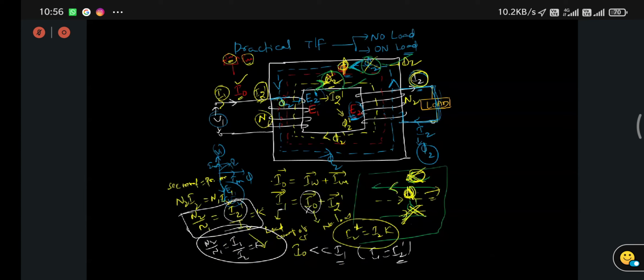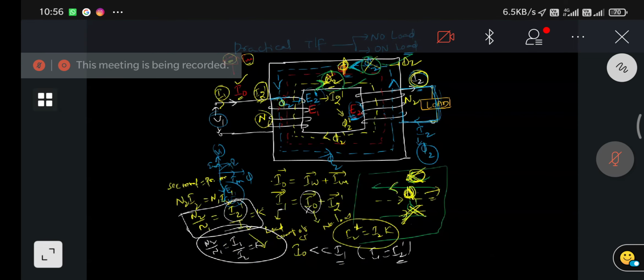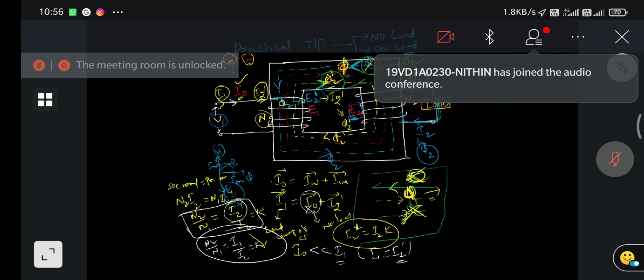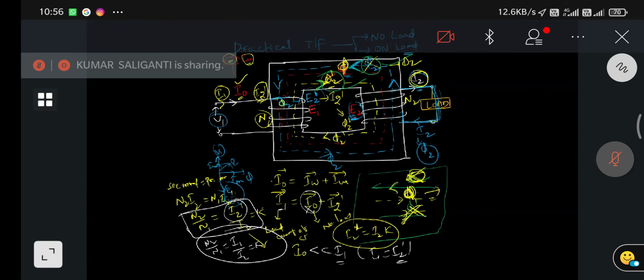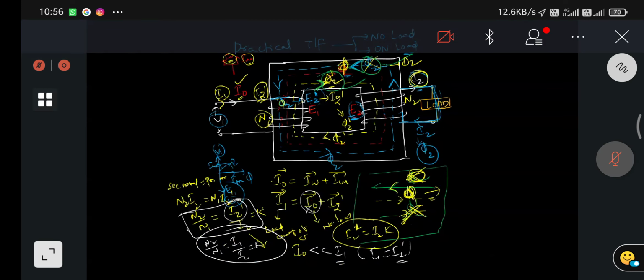Have you understood this point here, dear students? Shall I explain again, or have you understood? Just tell me, or just put the message in your chat box.